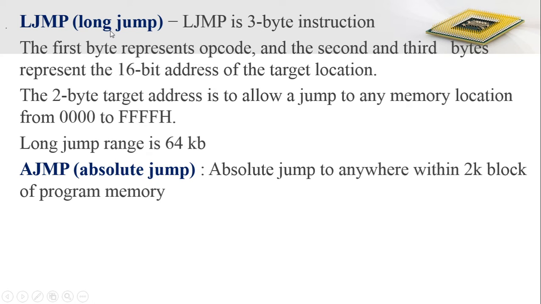For long jump, the first byte indicates the opcode and the remaining 2 bytes indicate the 16-bit address of the target location. In absolute jump, the higher 5 bits form the opcode part and the remaining 11 bits form the address of the target location.